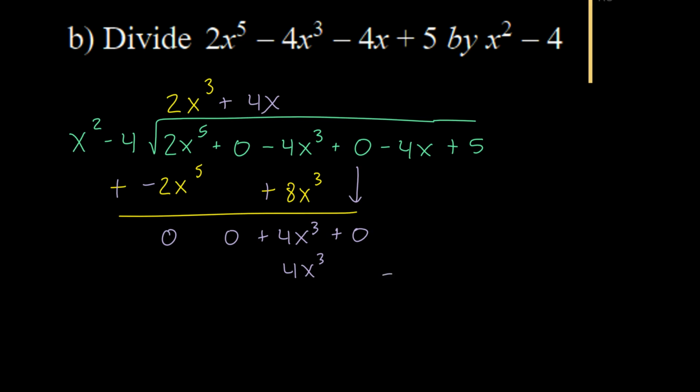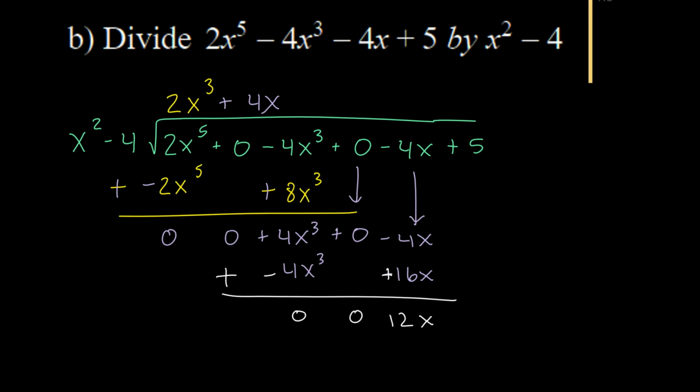I need to put it over here. I needed to also bring down the 4x, negative 4x. And then I am subtracting, change it to an addition problem by changing the signs of both. This ends up being 0, bring down the 0, and I bring down the 5.